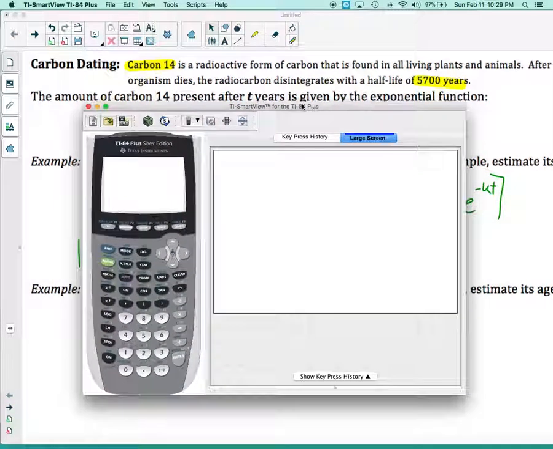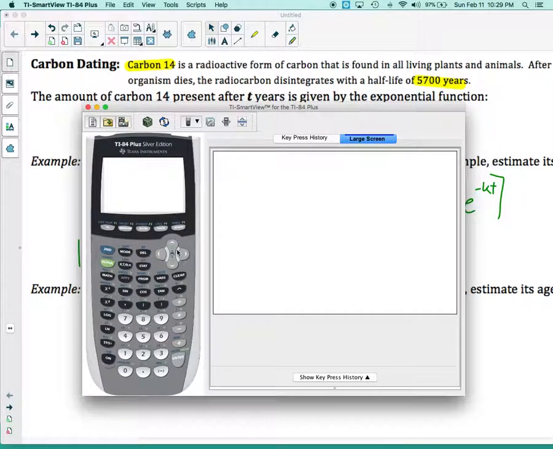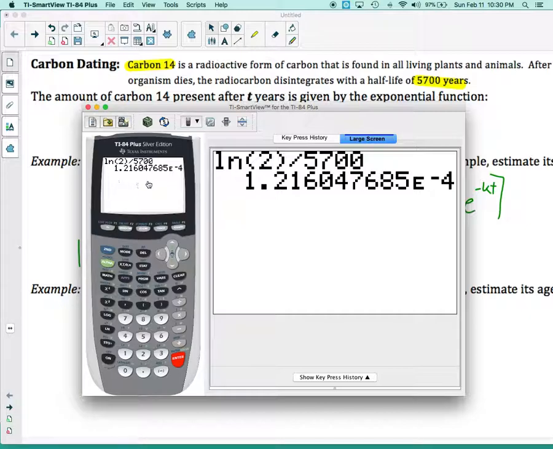So the first thing we do is show you how to store a variable in your calculator. And so what we're going to do is take the natural log of 2, and then we're going to divide that by 5,700. And so you see here why we don't want to write this number down, we just want to give it a letter. So that's why we call it k.